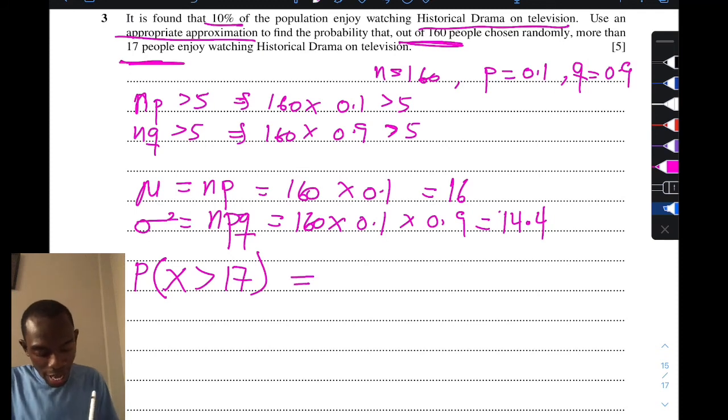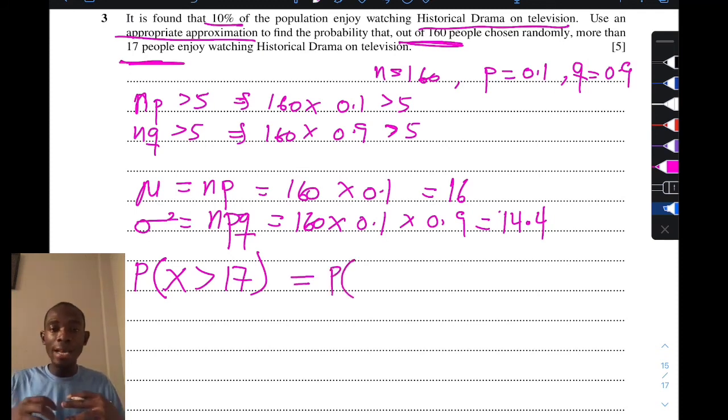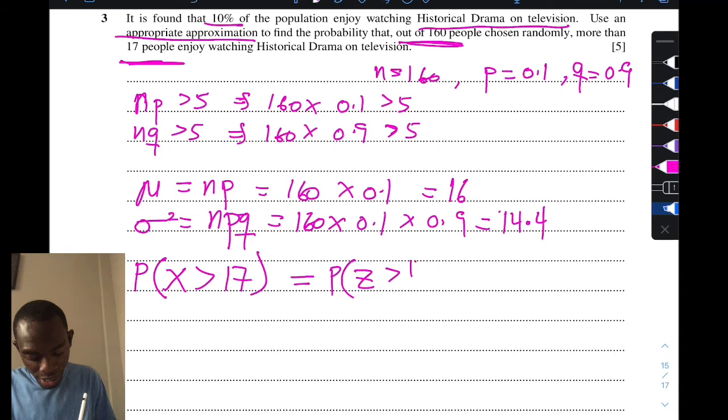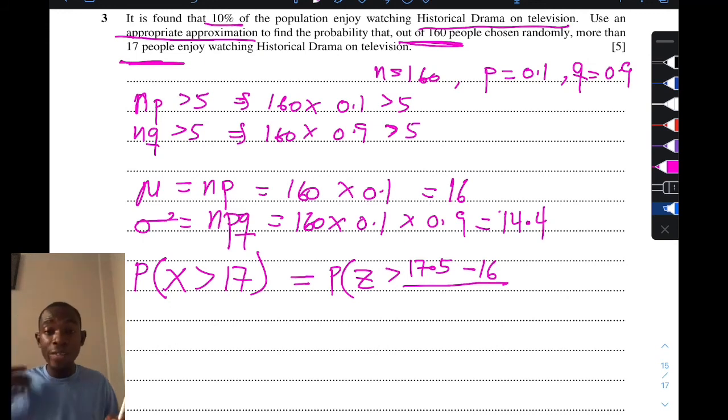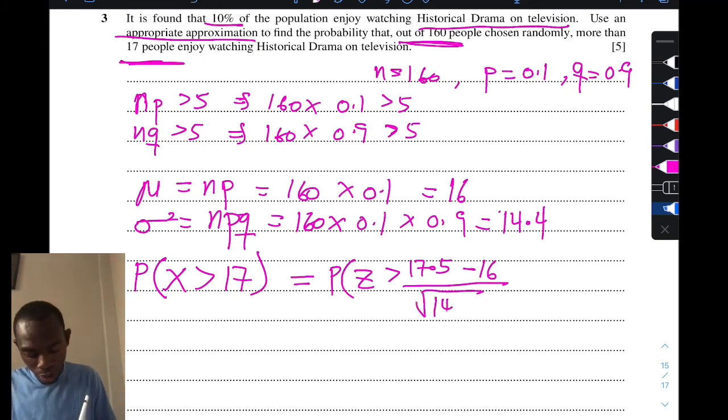So if you are correcting the errors, then you either add 0.5 to it or you subtract 0.5. Now we are told that it is more than 17. That means you are going to add 0.5 to that. So z would be greater than 17.5 minus the mean, which is 16, divided by the standard deviation. But the variance is 14.4. Therefore, the standard deviation is the square root of 14.4.